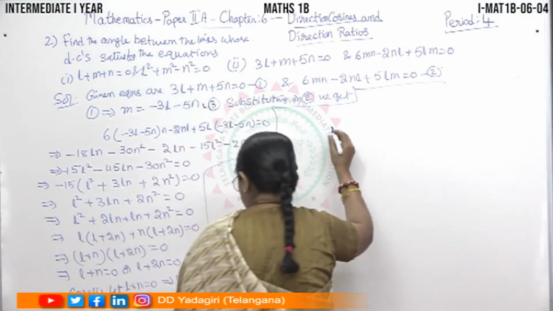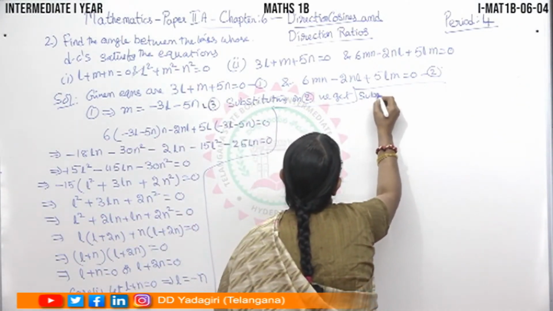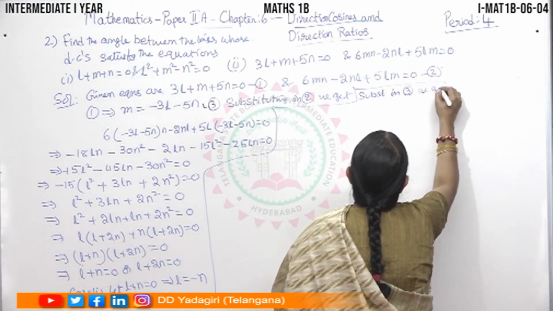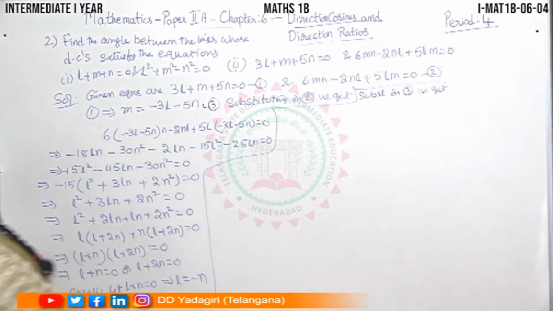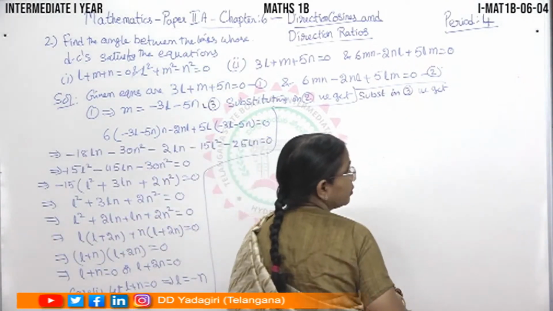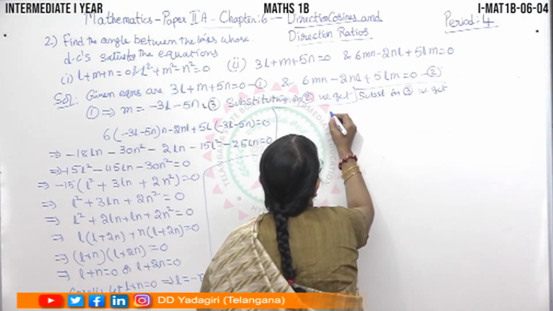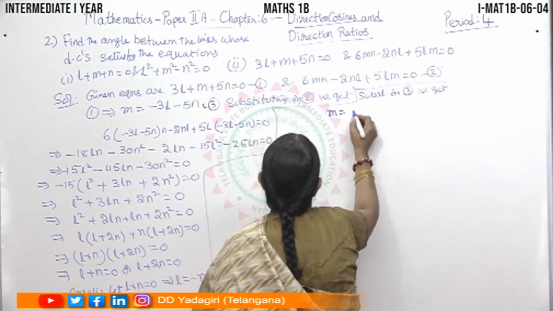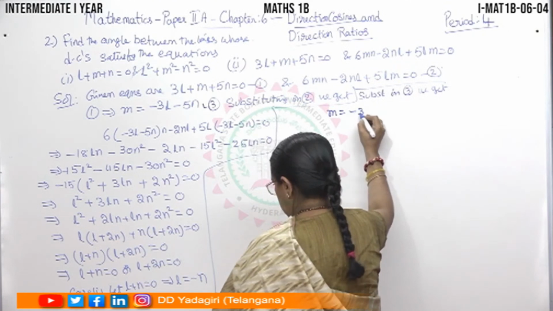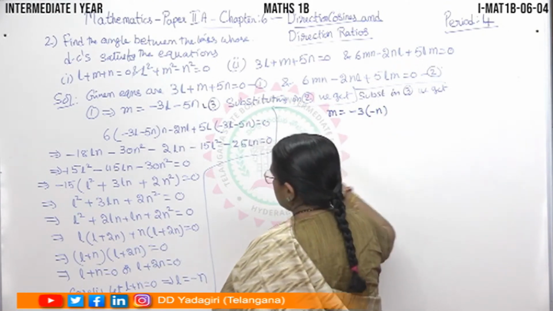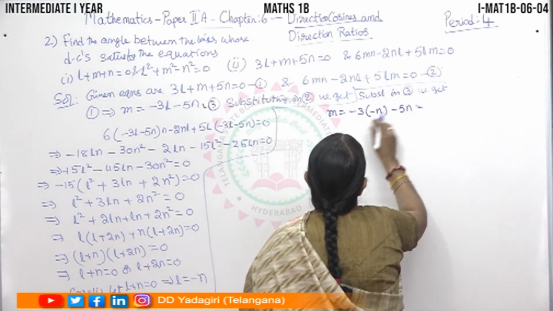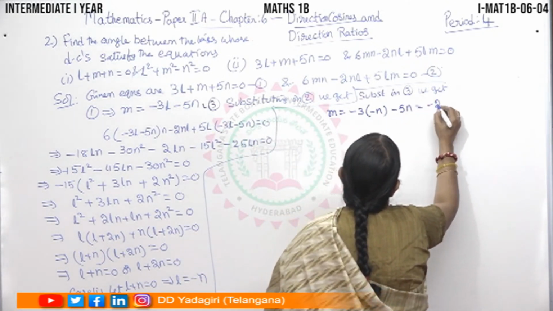Substituting in 3 we get M is equal to minus 3 into minus N, 3L, L is minus N, minus 5N, that is 3N minus 5N, minus 2N.